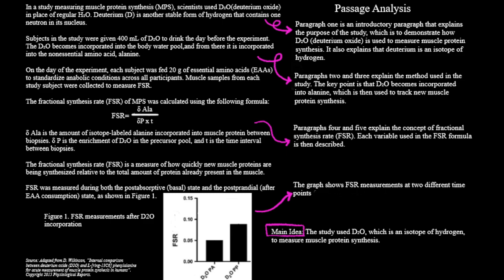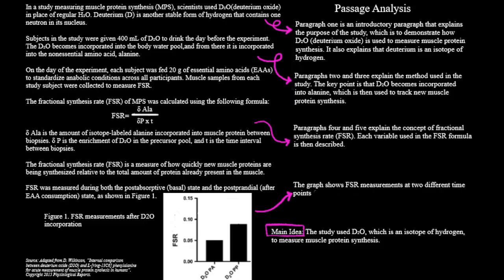Paragraph number 4 explains how to calculate the fractional synthesis rate, FSR, and it provides the formula and defines what each variable represents. The final paragraph presents the results, showing that FSR was measured at two different time points, and it is accompanied by a graph.